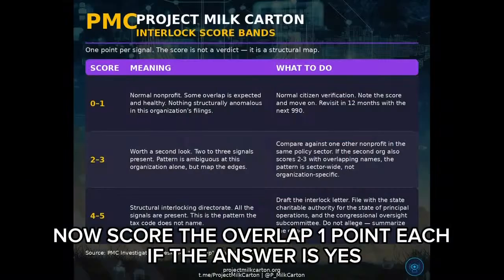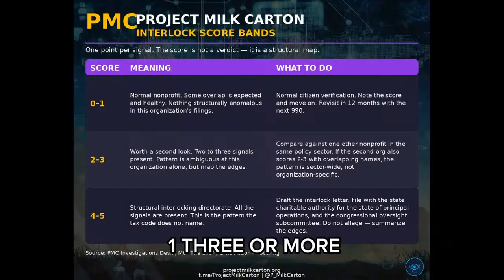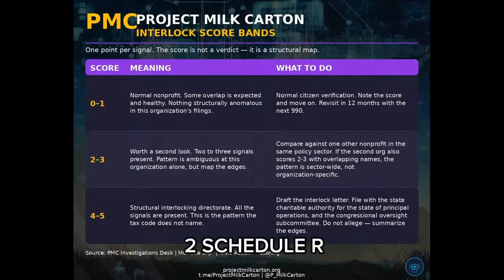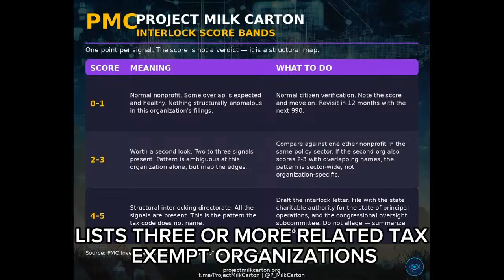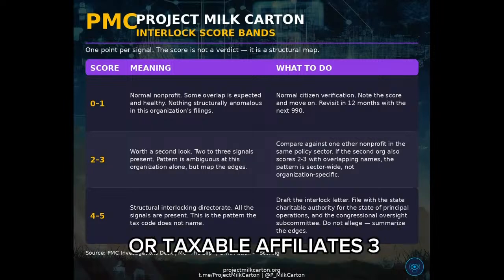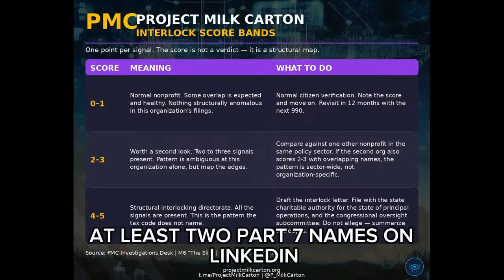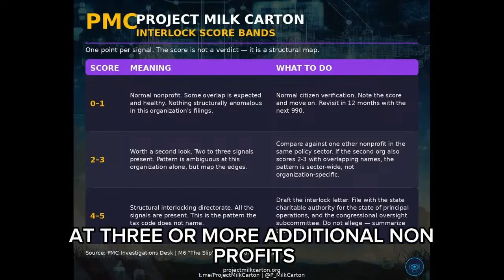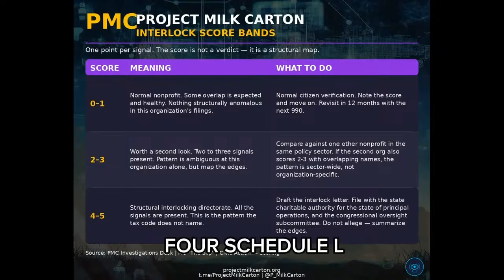Now score the overlap. 1 point each if the answer is yes. 1. 3 or more Part 7 names show compensation from related organizations. 2. Schedule R lists 3 or more related tax-exempt organizations or taxable affiliates. 3. At least 2 Part 7 names on LinkedIn list current board seats at 3 or more additional nonprofits. 4.